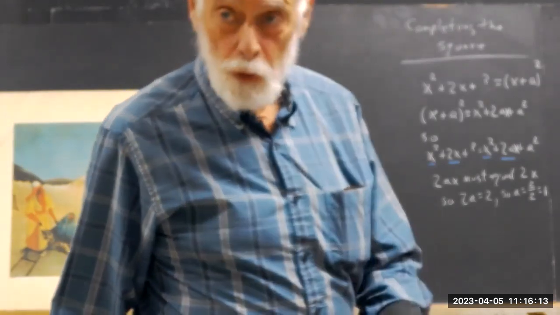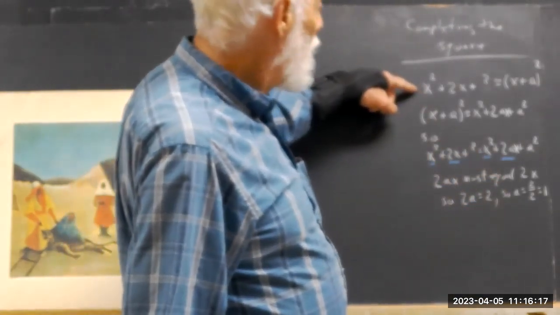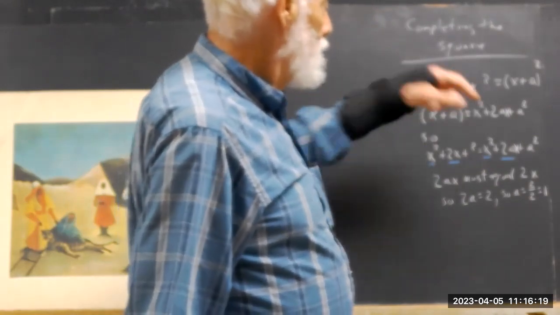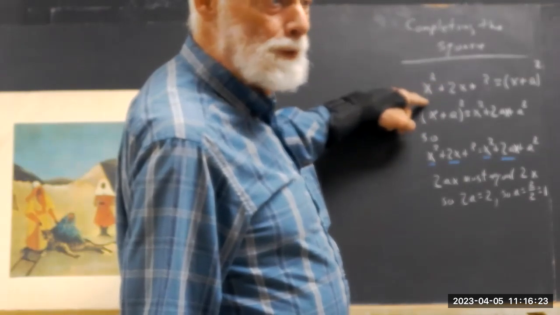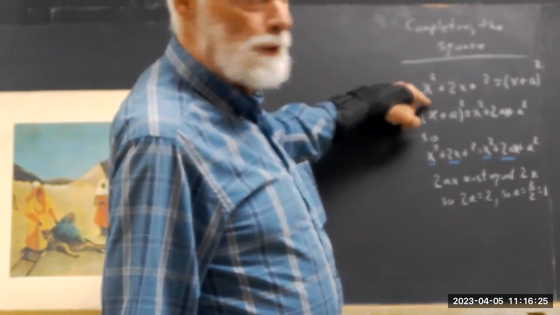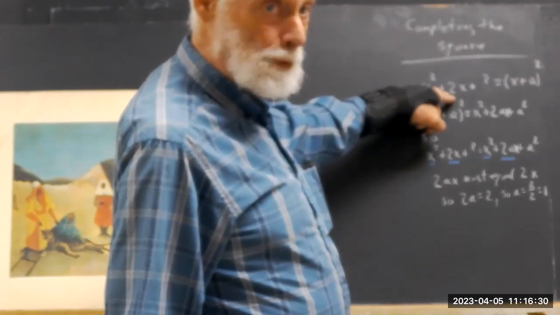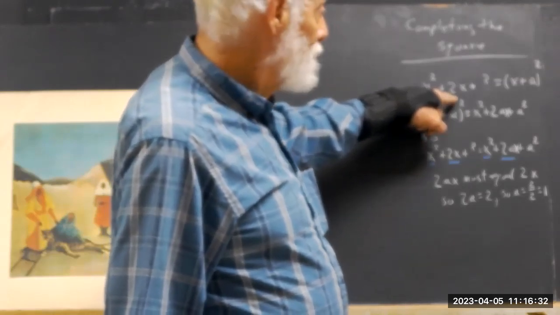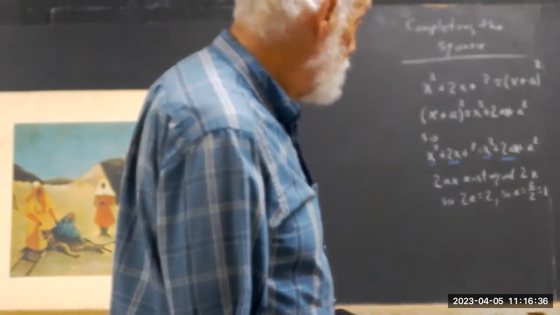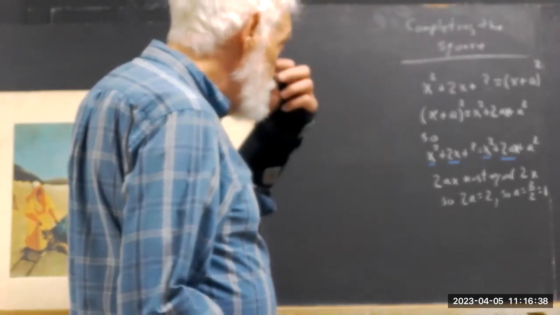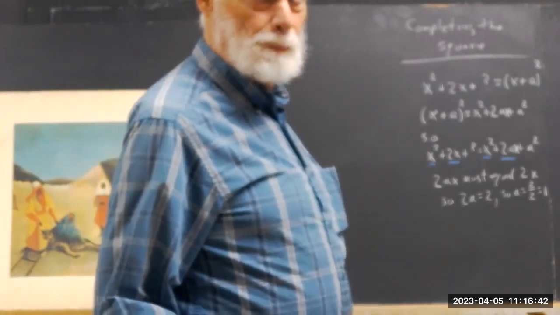Now your rule is: if this is a monic polynomial, with an implicit 1 in front of x squared, all you have to do is divide this by 2, and that gives you a. Then you just add a squared. That's the rule, and this is one way of saying why the rule works.